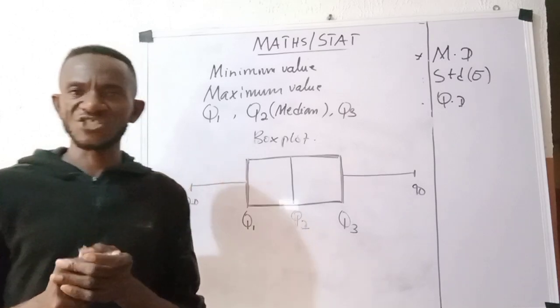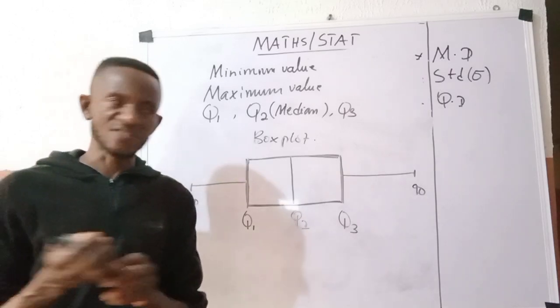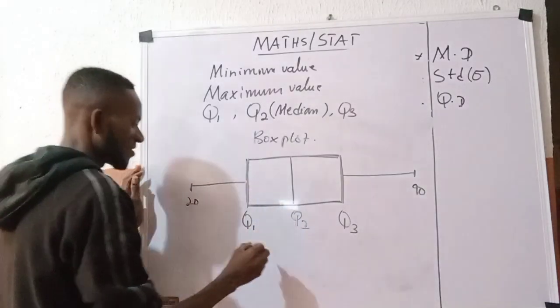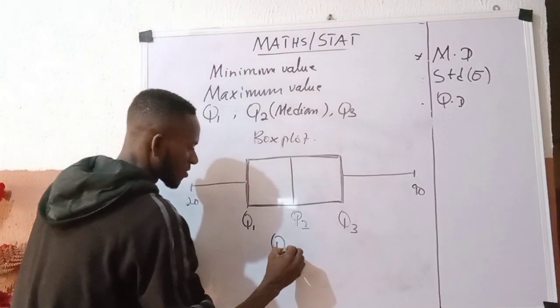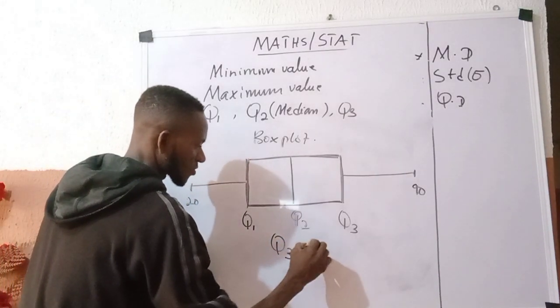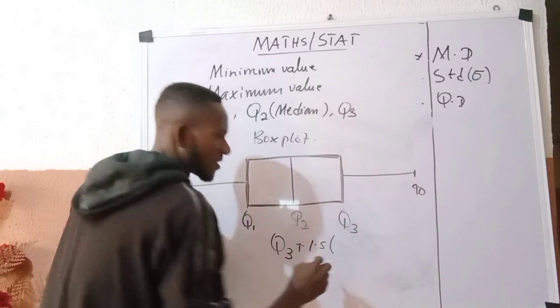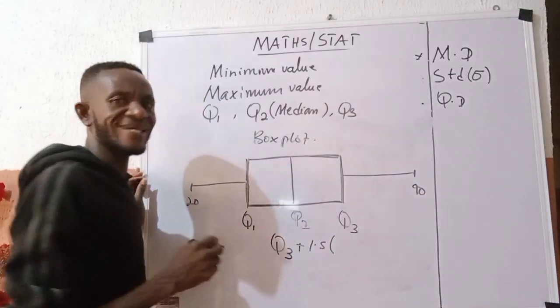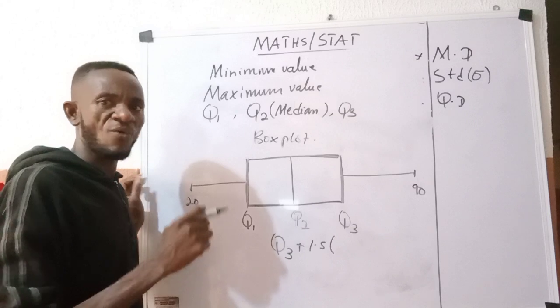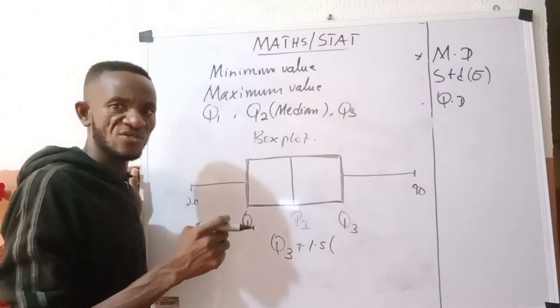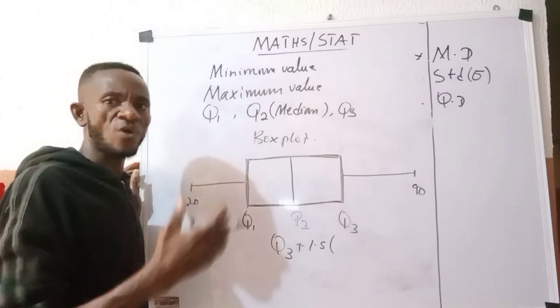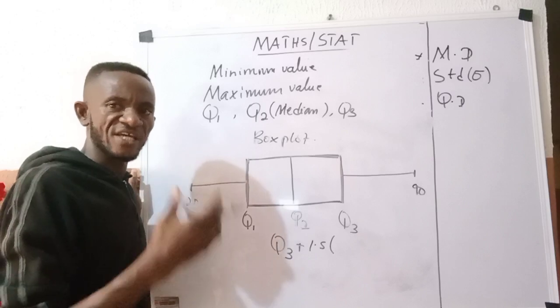They gave a range, and that range is this. They say that Q3 plus 1.5 of the interquartile range, or what we call the quartile range.